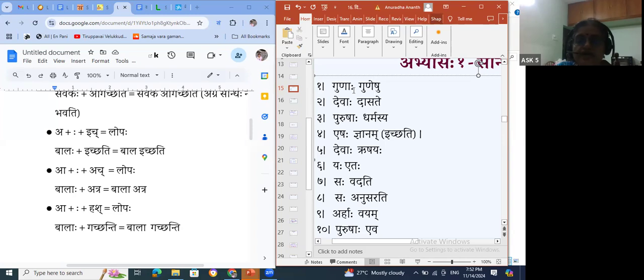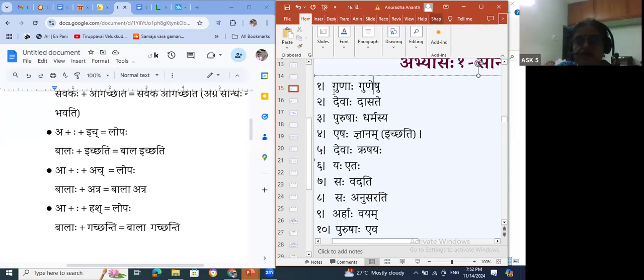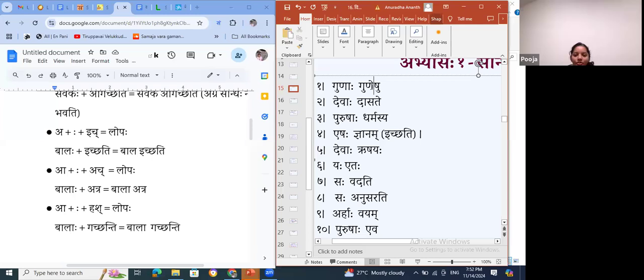So visarga does not happen. Visarga disappears. And once lopaha happens, we cannot do any other sandhi. We have to just keep it like that. So it will be guna guneshu.